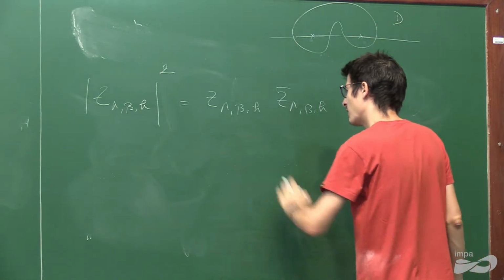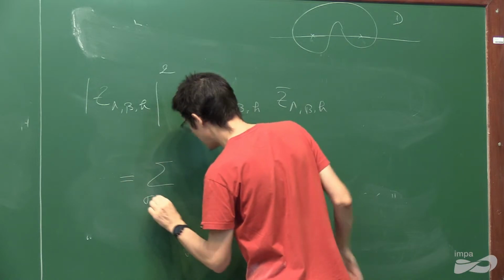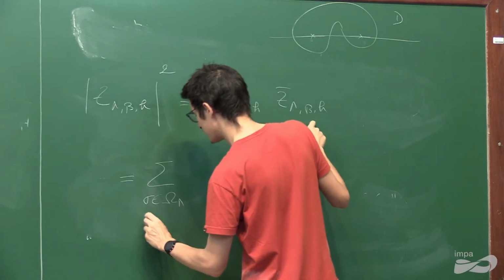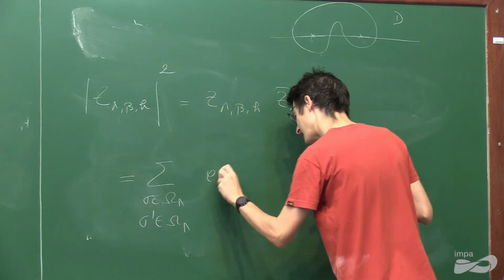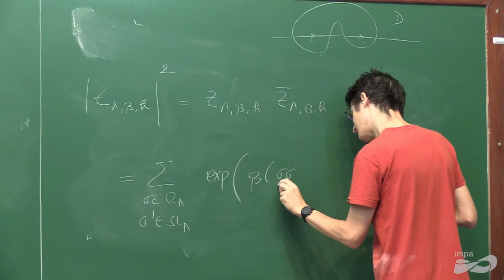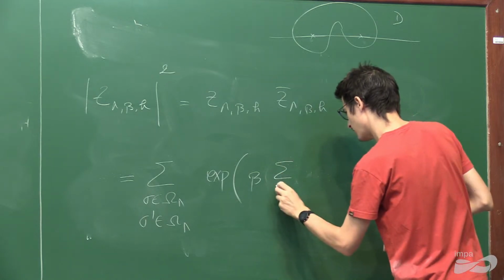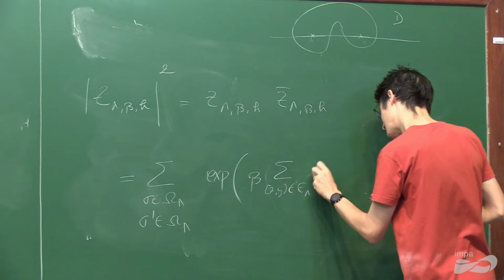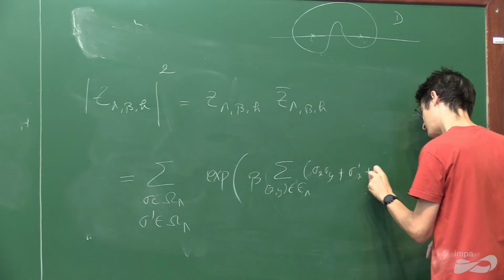Okay, so what is this double sum? Well, here I sum over sigma, and here I sum over sigma prime in omega lambda. Then I get exponential of beta times the sum over xy in E lambda of sigma x sigma y plus sigma prime x sigma prime y.